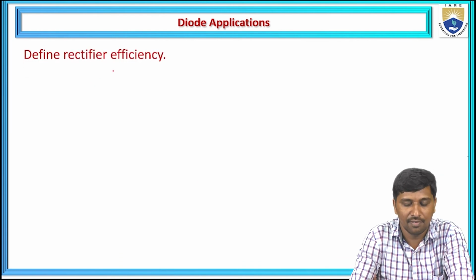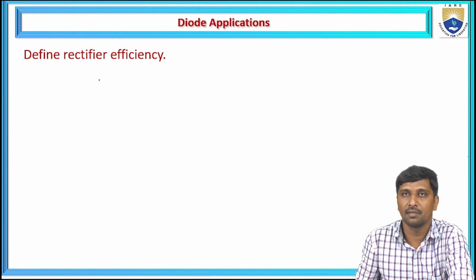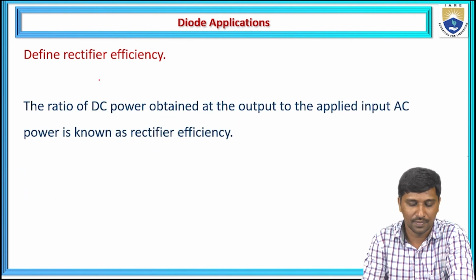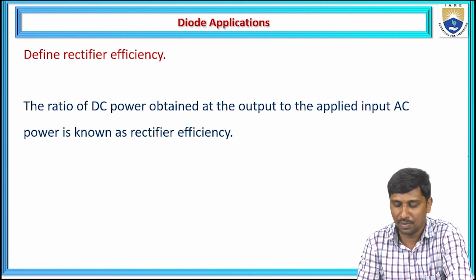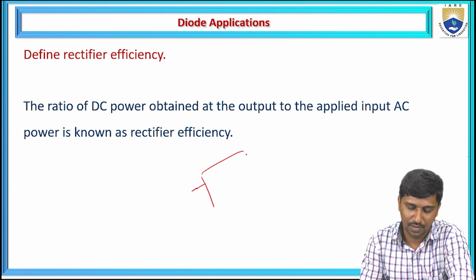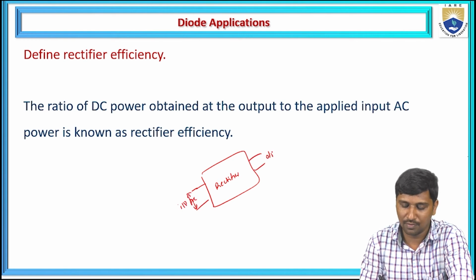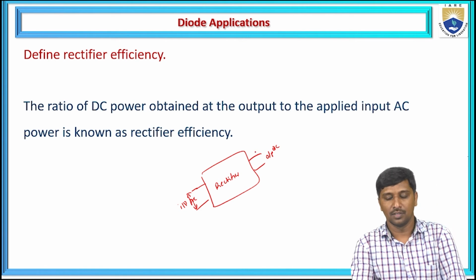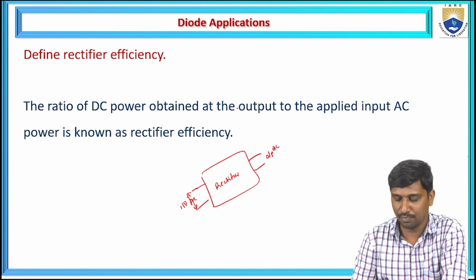Now define rectifier efficiency. Efficiency is defined as the ratio of output power to input power. Here it is the ratio of the DC power obtained at the output to the applied input AC power.